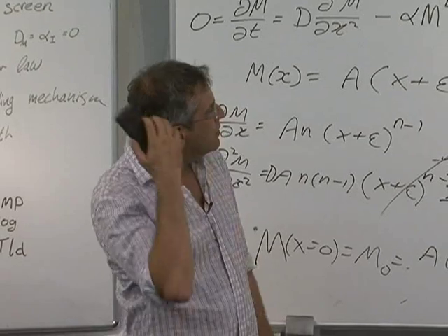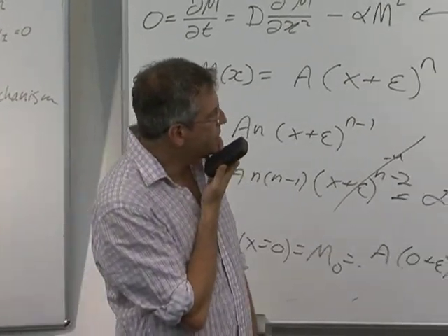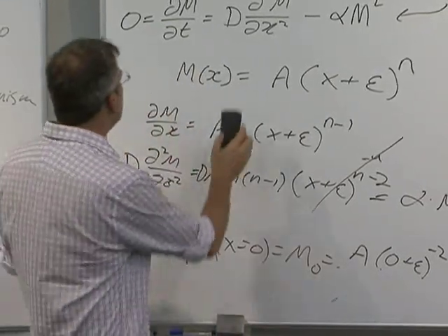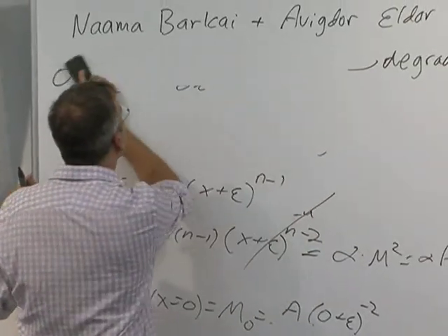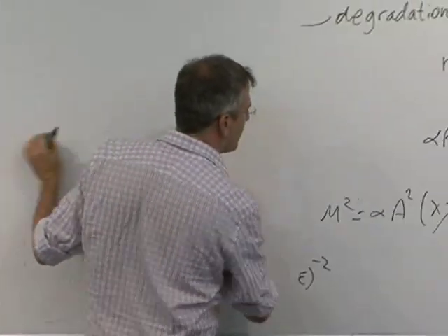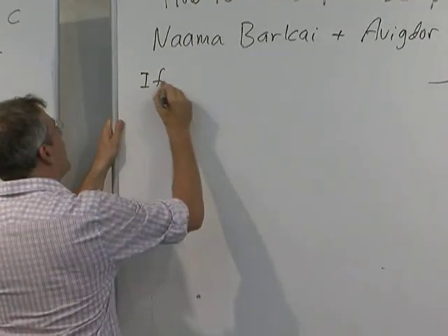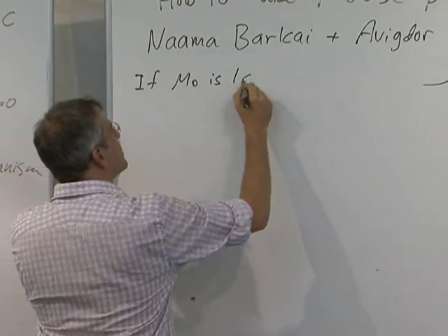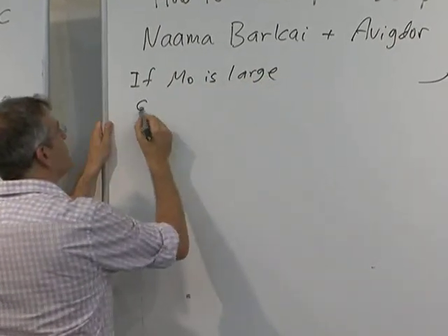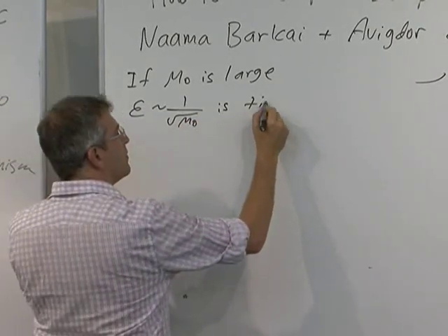And now let's look at how robust it is. And the idea is the following. If m0 is very large, then this epsilon, which is like 1 over square root m0, is tiny.